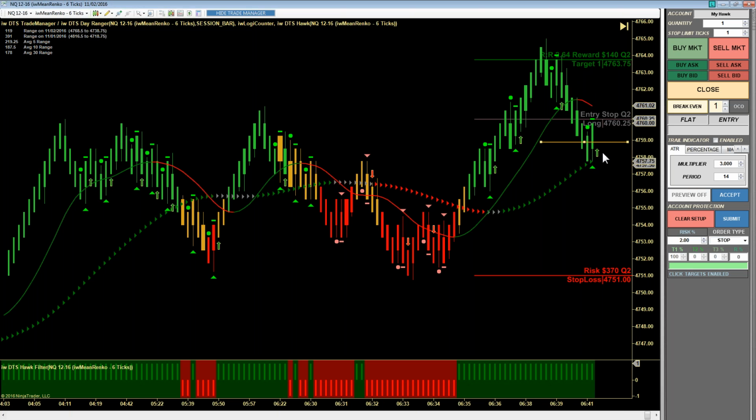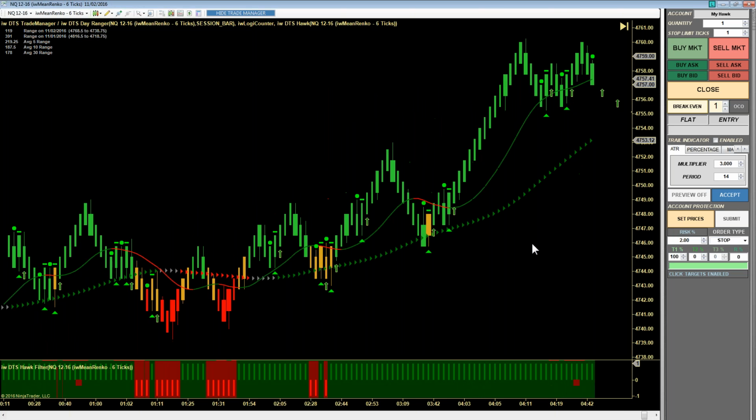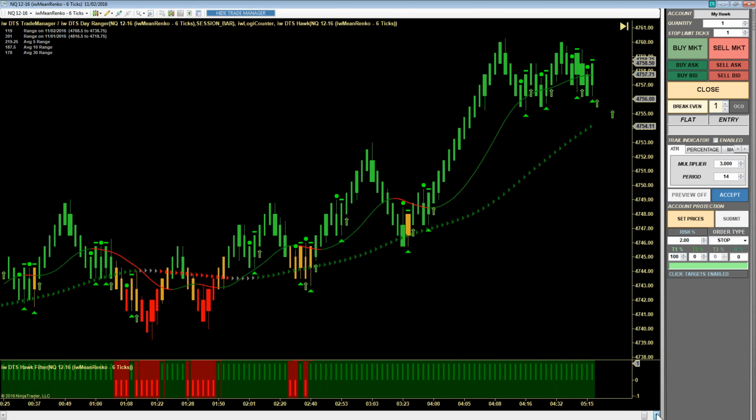Now, like I said, the DTS system is very good at picking up market momentum, but what if you take this 4-arrow consolidation signal right here? This is a 4-arrow consolidation. It's a high probability signal. We have every reason to believe that the market is going to rally.